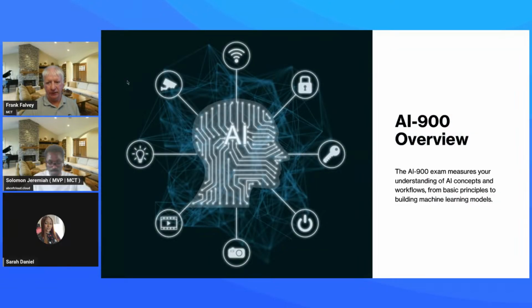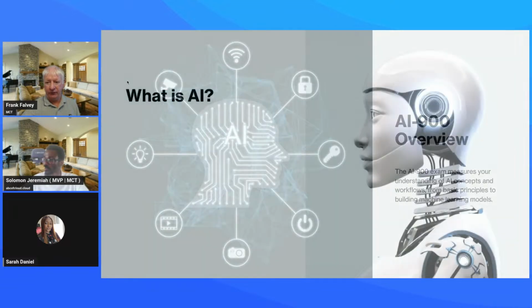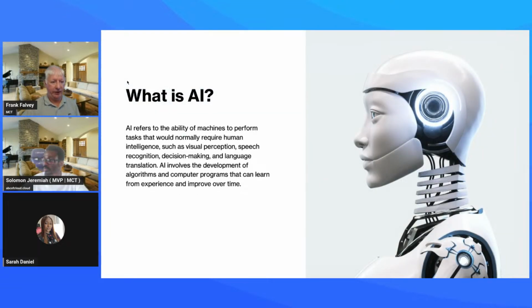So an overview, right? The AI 900 exam measures and understands AI concepts and workflows from basic principles to building machine learning models. Yep, I went through all that there, and everything it just gave us there is true. So we'll just go down just to see what is AI. And I kind of went through this earlier from my notes.